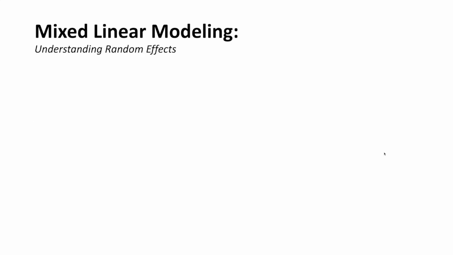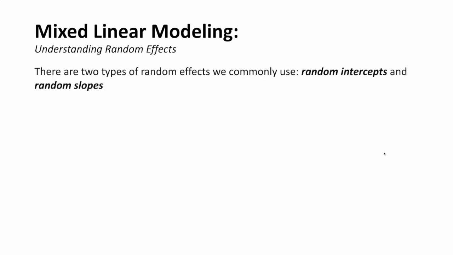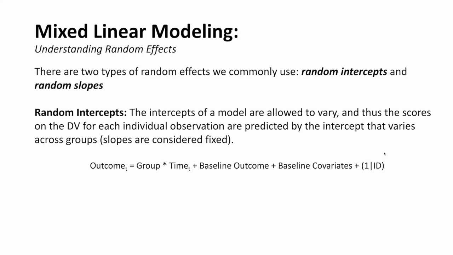Okay, let's talk a little bit more about random effects. There are several different types of random effects. Most commonly, the two random effects that we are most interested in are going to be the random intercepts and the random slopes. Random intercepts refers to something that is allowed to vary, and the scores on the dependent variable for each individual observation are predicted by the intercept that varies across groups, meaning that each individual has their own intercept that they contribute to the model.